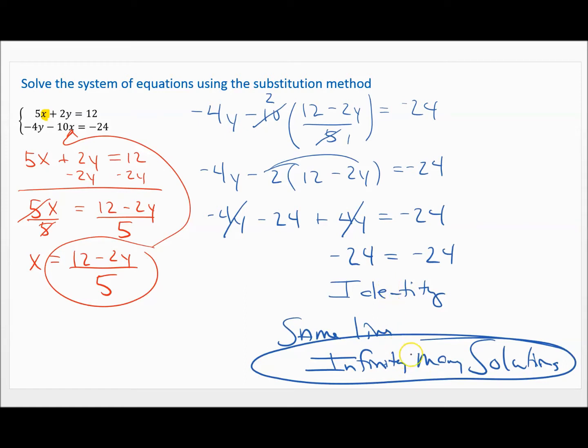All 3 of these answers are correct. This is an identity. It is the same line if you're thinking about this graphically, if you're going to graph it. And it has infinitely many solutions, and algebraically, infinitely many solutions is probably the best answer to this problem. You can't check those, by the way. So that's as good as it gets. You can redo the work, but you can't actually check infinitely many solutions.